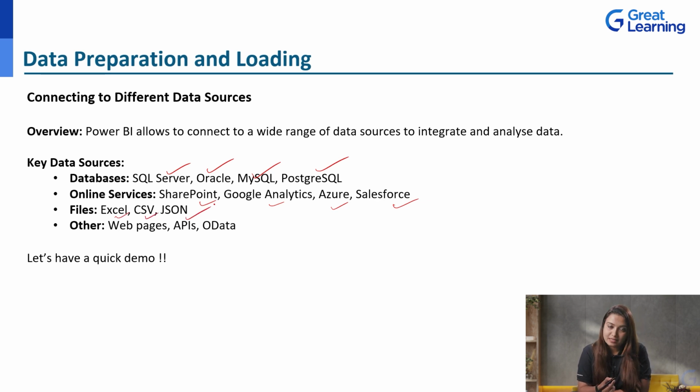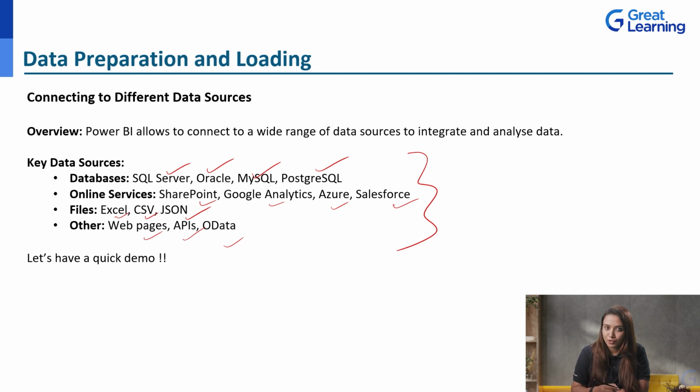What are the other elements? It is web pages, APIs, or OData. These are the key data sources which you can use in order to load your data into Power BI Desktop or service. Whatever application you have chosen to work with, Power BI always allows you to integrate the data sources and analyze the data accordingly.